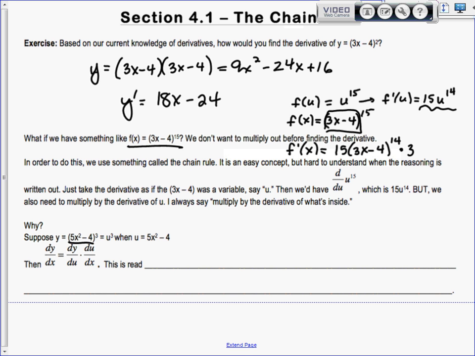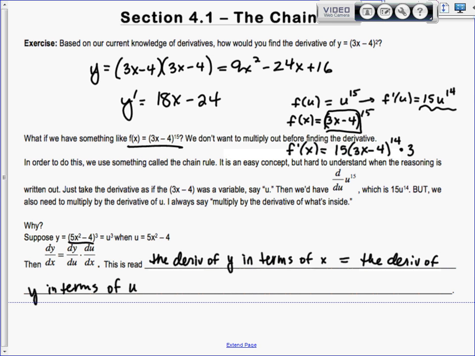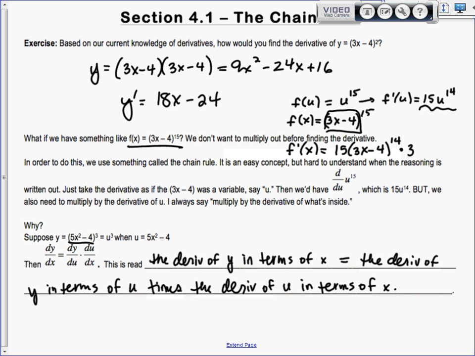The derivative of y in terms of x equals the derivative of y in terms of u times the derivative of u in terms of x. That's how it's written out.